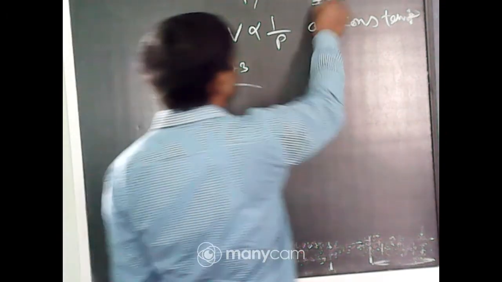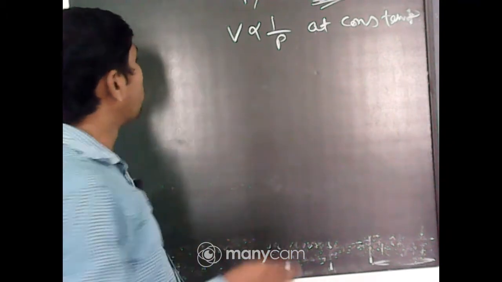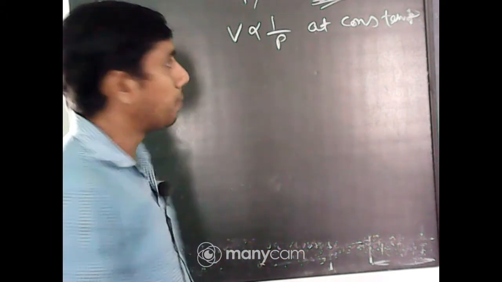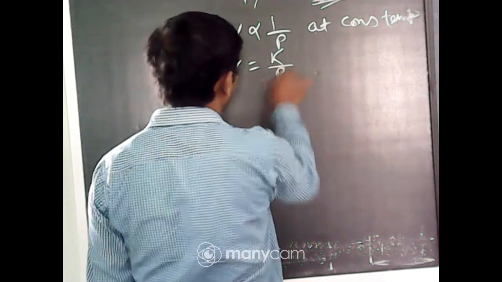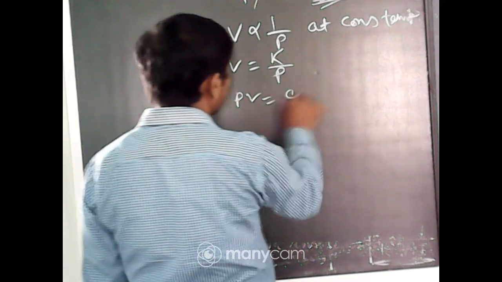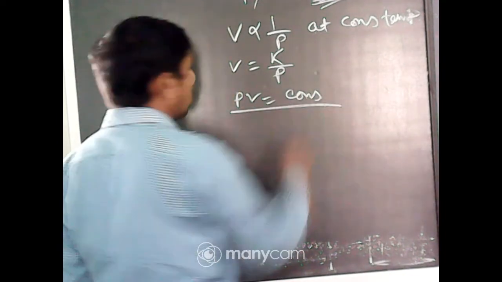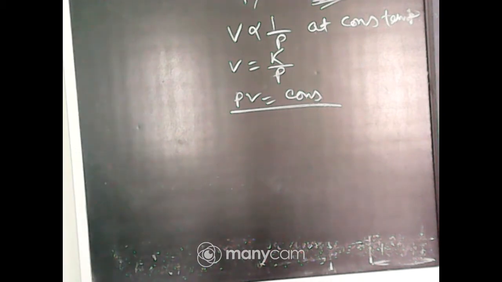So this capital T represents the temperature in the Kelvin scale. So V varies as 1 by P. Now if we use a proportionality constant, then PV equals constant. PV equals constant is the form of Boyle's rule.